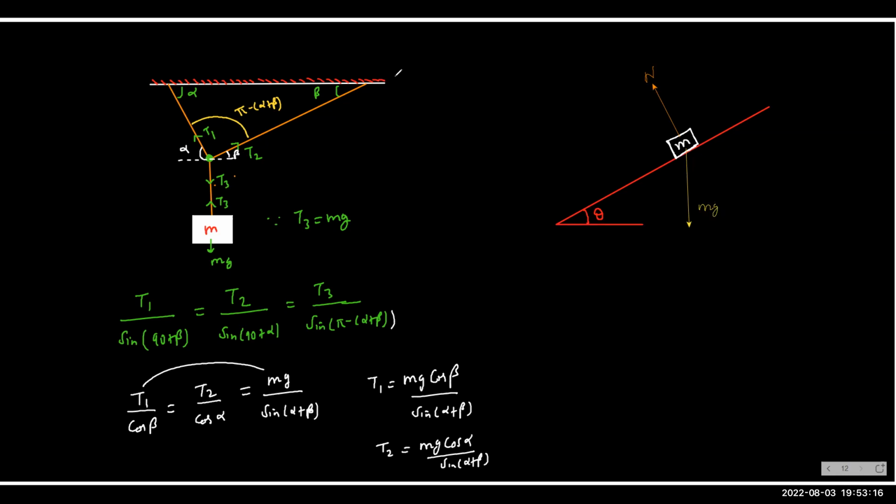And because it is not moving down the plane, friction is stopping it, and the friction will act up the plane like this. And the block is at rest. We can get the answer for N and Fs by force components very easily. But can we do it by Lami's theorem? Just for practice.